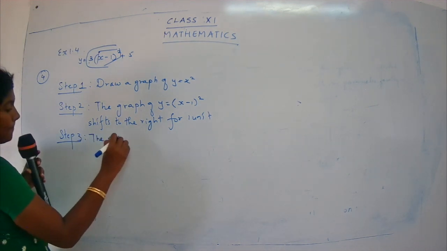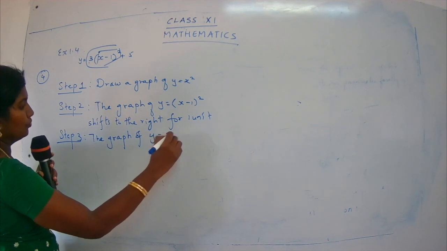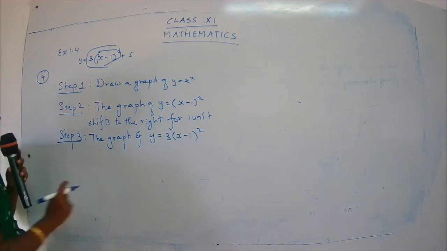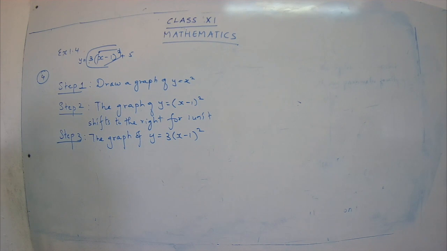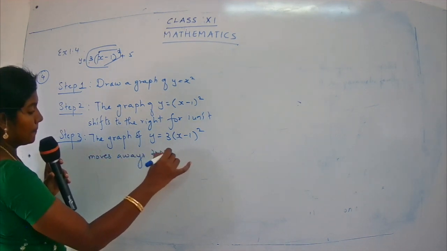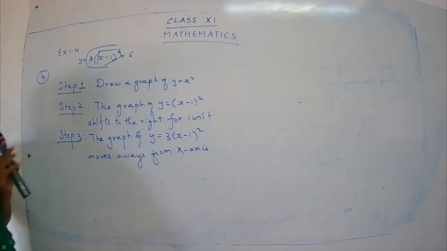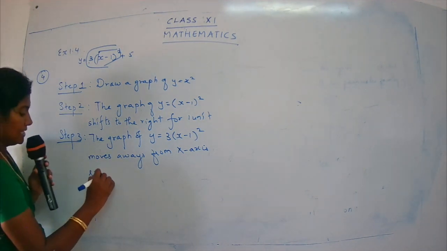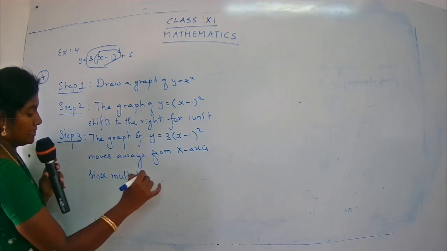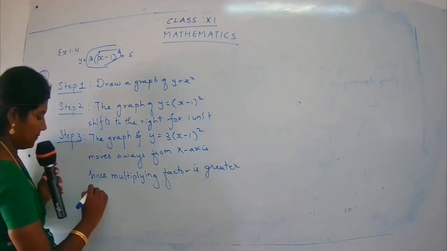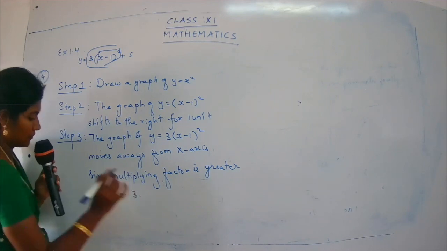The graph of y is equal to 3x minus 1 the whole square moves away from the x-axis, since the multiplying factor is greater than 1, that is 3.